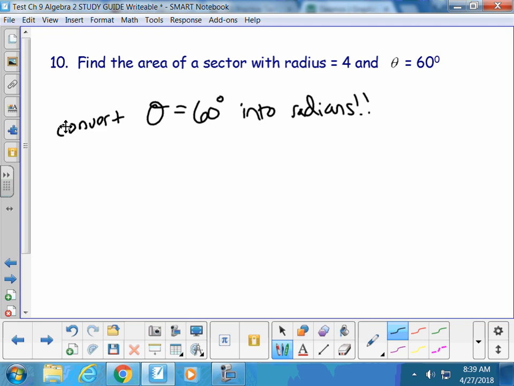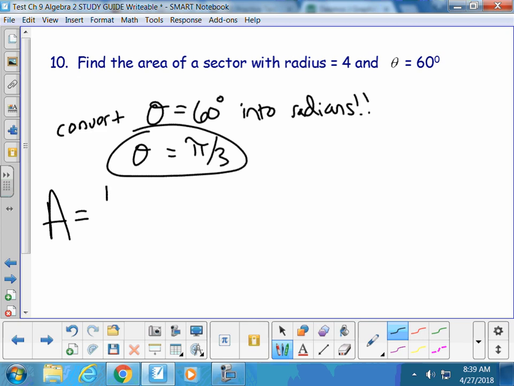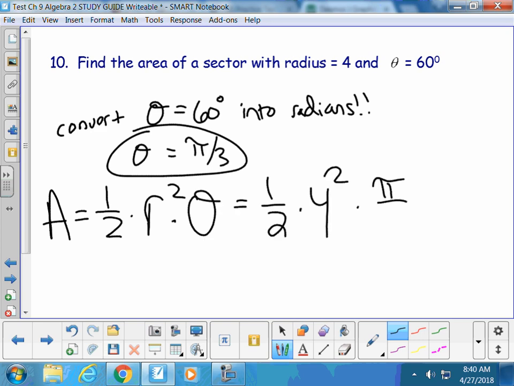So converting 60 to radians will be a piece of cake because it's on your unit circle. 60 in radians is pi over 3, and that's what we're going to be using as theta in our sector area formula. So the sector area formula, it is on the board, 1/2 r squared, which is radius squared, times theta. So 1/2 times 4 squared times pi over 3.